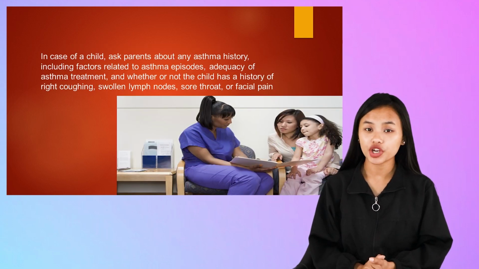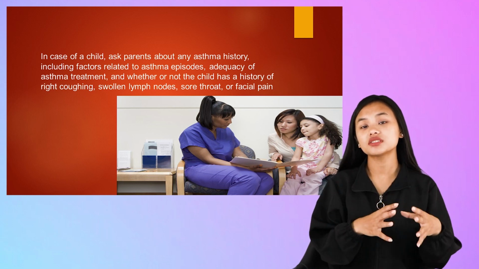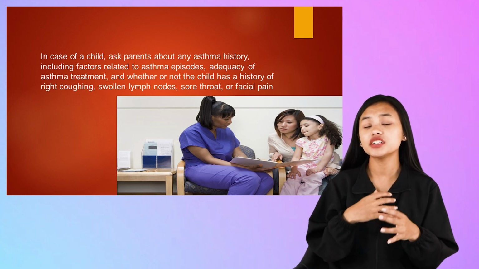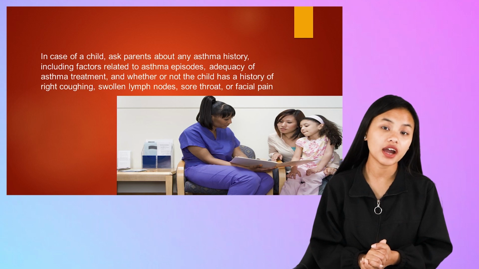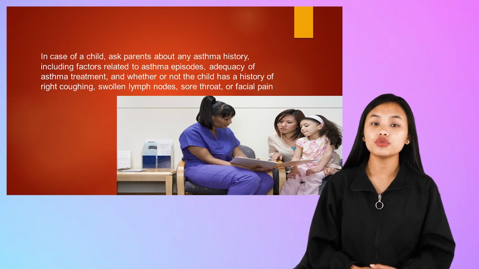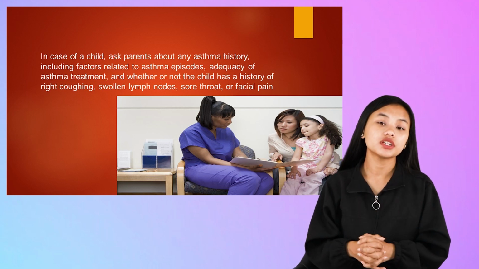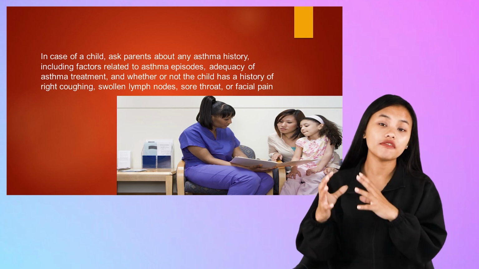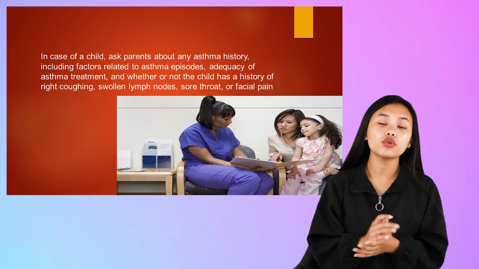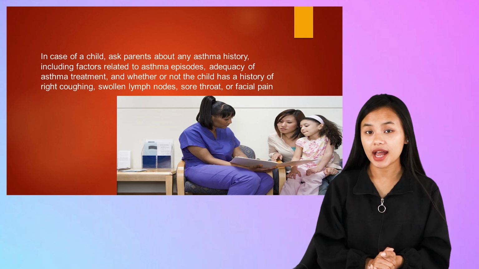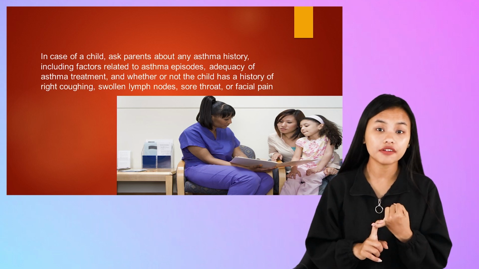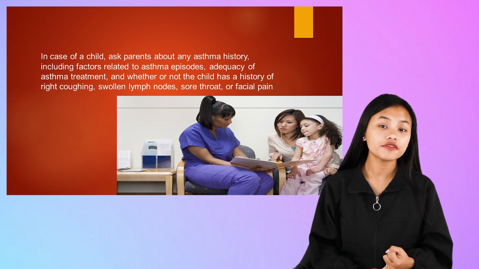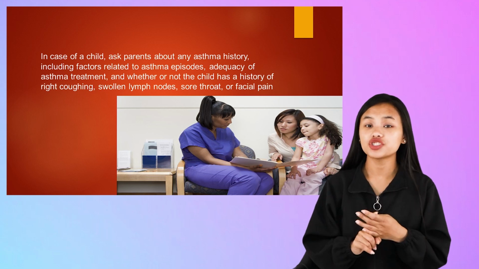And in case of a child, you can ask their parents about any history of asthma, including the factors related to the asthma episode and the adequacy of asthma treatment, and whether or not the child has a history of coughing, swollen lymph nodes, sore throat, or facial pain.